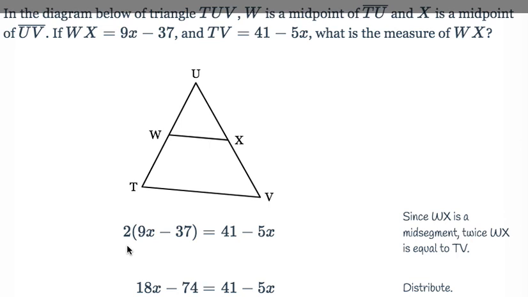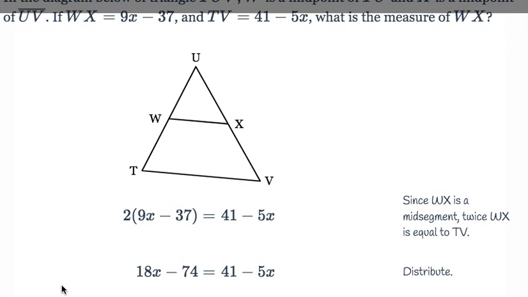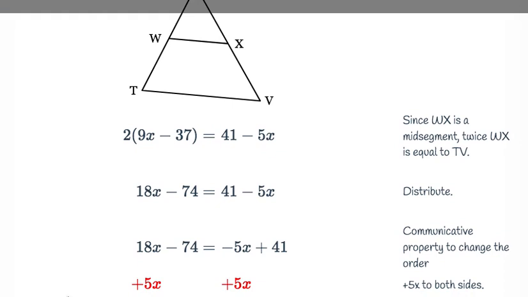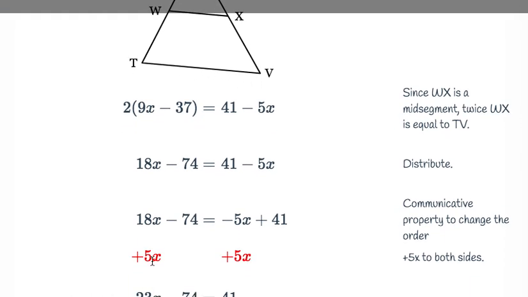We are going to distribute the 2. So 2 times 9x is 18x. 2 times negative 37 is negative 74. Then we are going to add 5x to both sides. When you add 5x to both sides, you should have 18 plus 5 is 23.